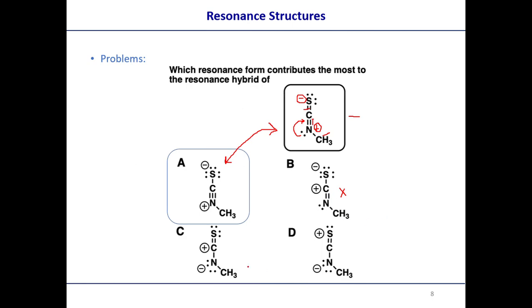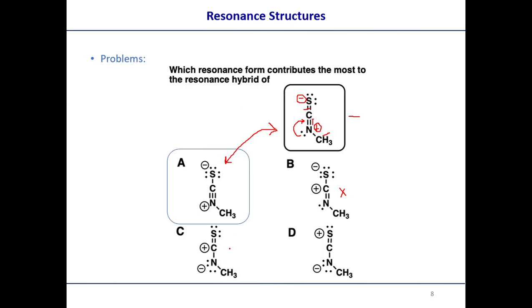Correct. Now the C option also is not satisfying the octet rule of carbon, and here also it is not possible. Here you can see the nitrogen is carrying a minus charge while it can form a bond here.